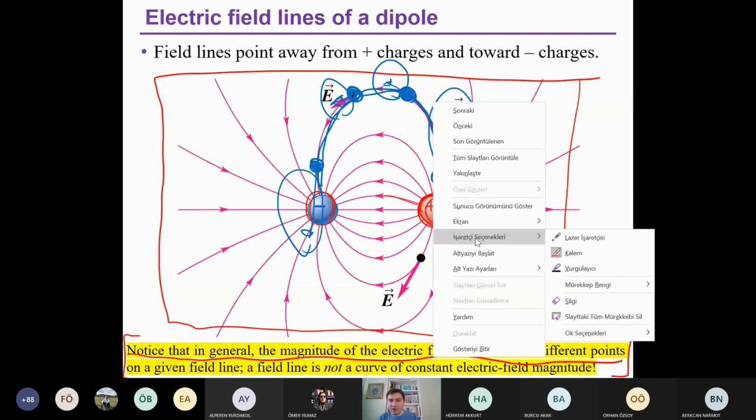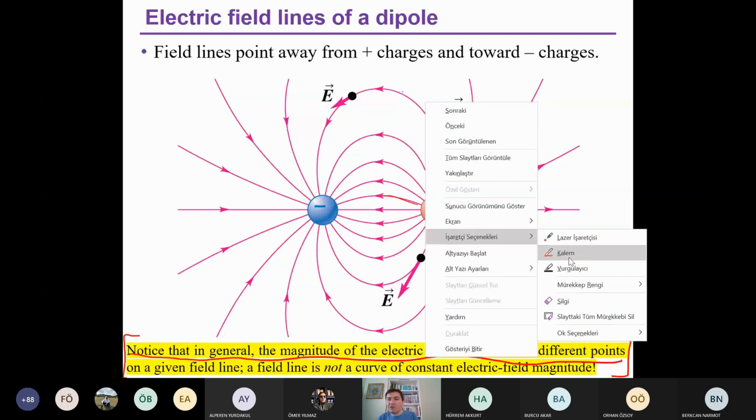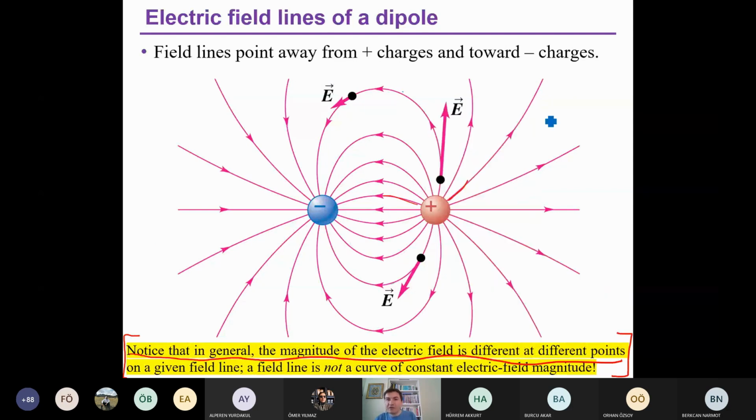Look at the formula and remember the superposition. Everything is logic, okay? Q over R square. This is the electric field formula.